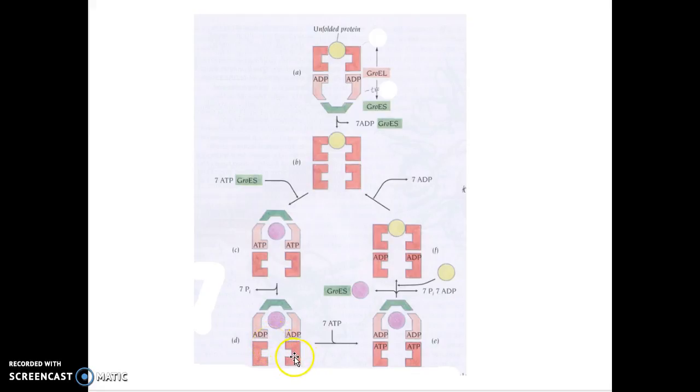Next, ATP binding and hydrolysis in the trans position is required for release of GroES and the protein molecule. This step. And finally, a new unfolded protein molecule can now bind to GroEL, repeating another cycle.